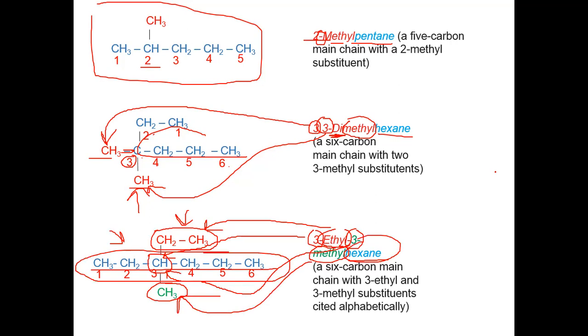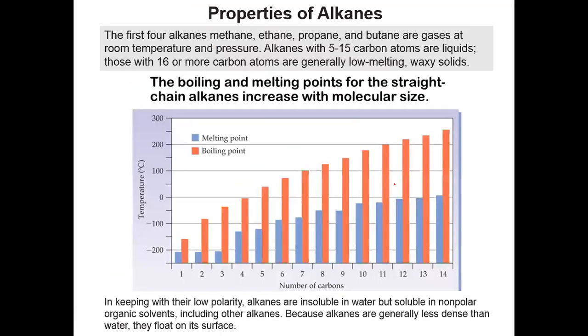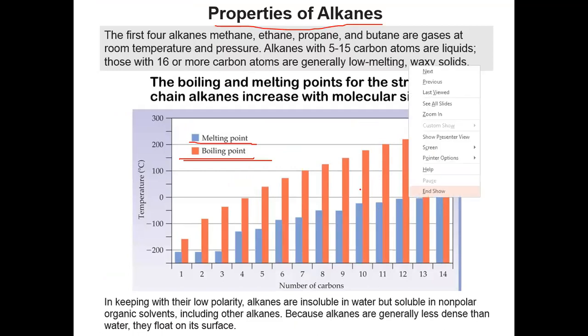All right. This is again the properties of alkanes, like melting point and boiling point. You can look at this and see what the melting point and the boiling point are.